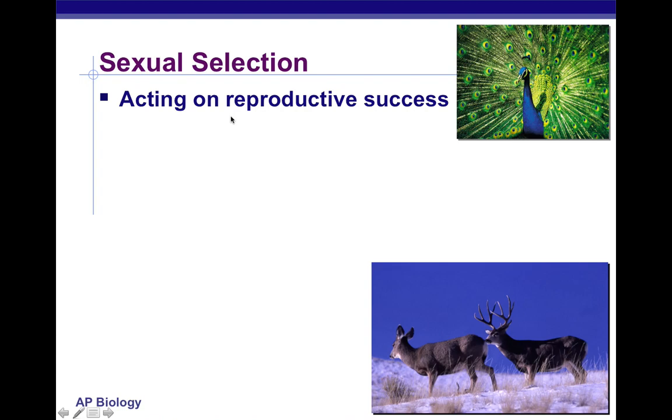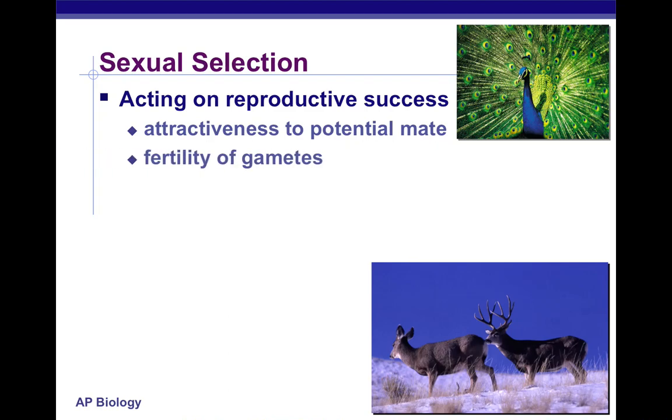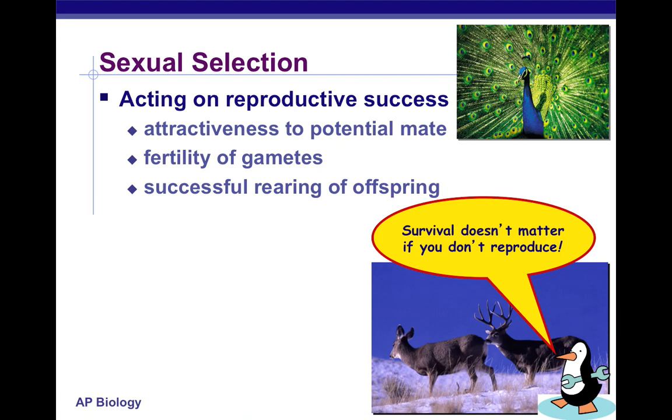Sexual selection. Sexual selection acts on reproductive success, so whatever makes you successful in reproduction is going to be passed on throughout the population. This is when you start getting unique characteristics, especially between the two sexes. It really doesn't matter unless you reproduce.